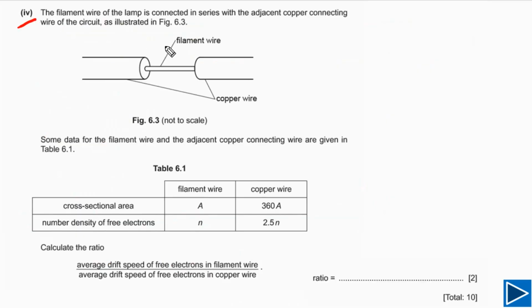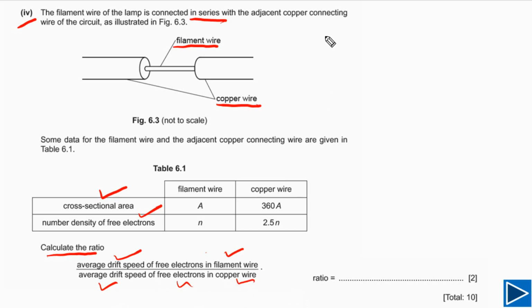For the last part, it is given to us that the filament wire and copper wire are connected in series, and the cross-sectional areas and number densities are given. The question is asking us to calculate the ratio between the average drift speed of free electrons in the filament wire to the average drift speed of free electrons in the copper wire.